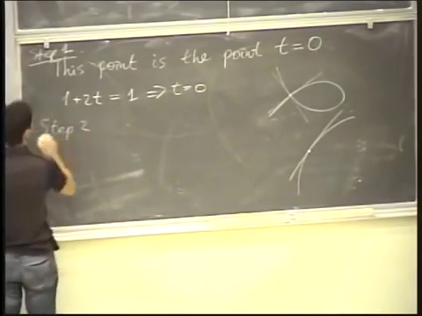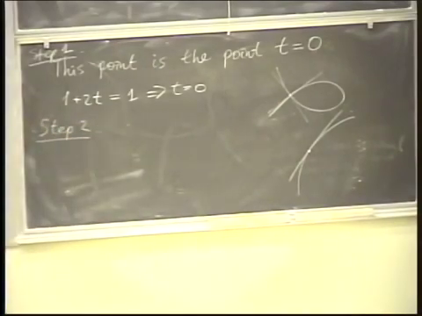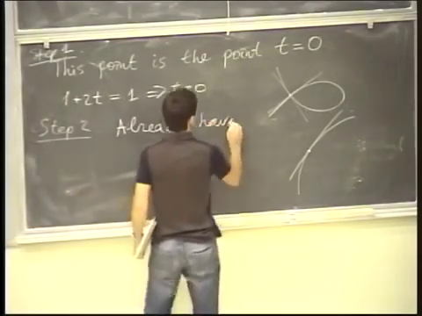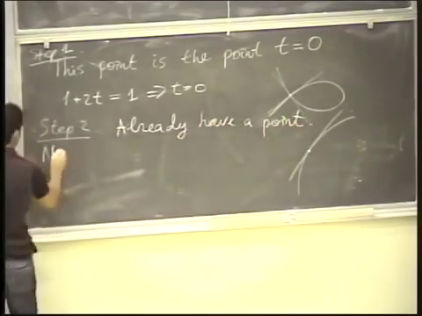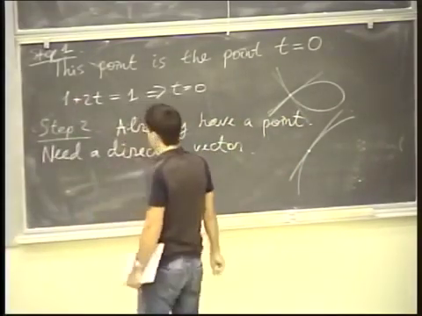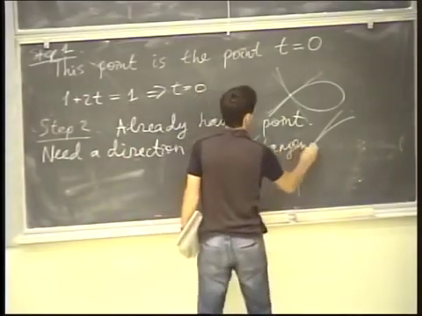Step 2 is to write down the equation of the line. And now we have to remember what information we need to write down the parametric representation for a line in free space. We need a point and we need a direction vector. And fortunately, we already have a point, (1, 1, 1). So we need the direction vector for this line. And the direction vector is going to be a tangent vector to this curve.